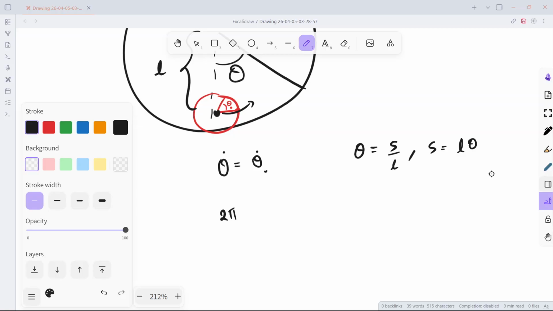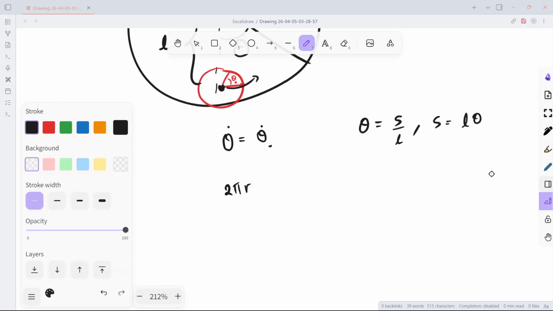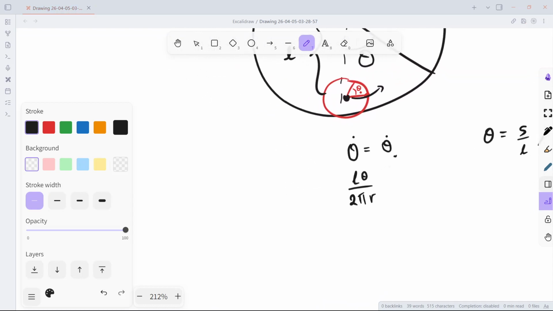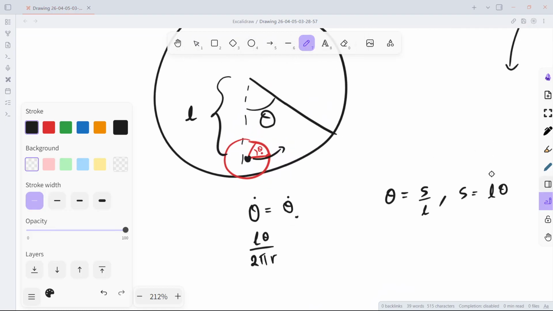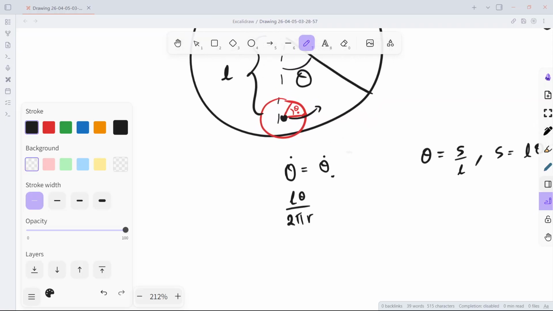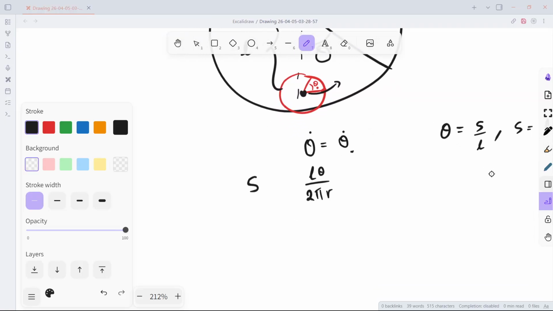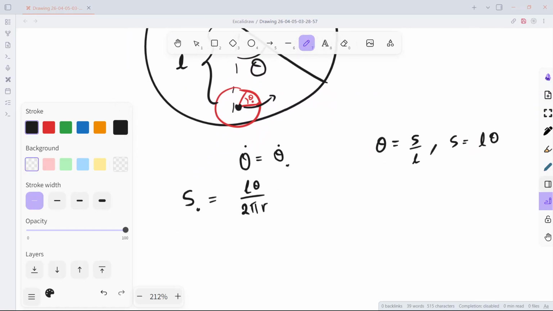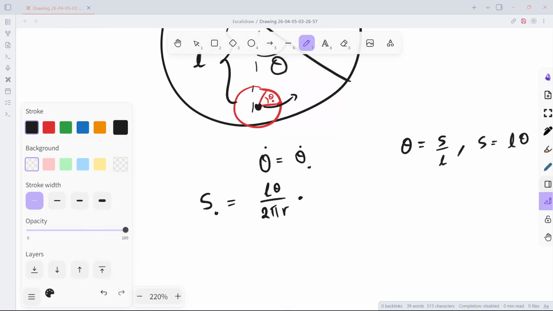Well, 2 pi r is the distance of one circumference, so we divide L theta by this. So this is the number of circumferences that go into that. S dot would be this times the circumference. Okay, this is interesting.